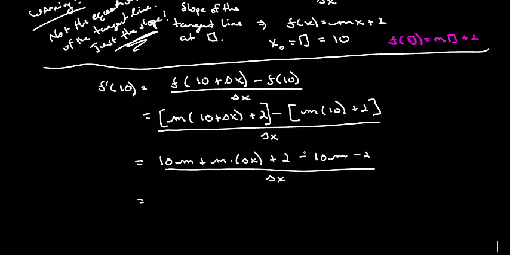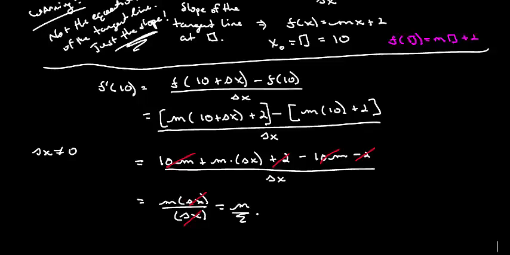So 10m minus 10m, those are gone. 2, negative 2, those are gone. And all I'm left with is m times delta x over delta x. And now since delta x is not 0, I can cancel these out, and this whole thing holds. So I'm just left with m.